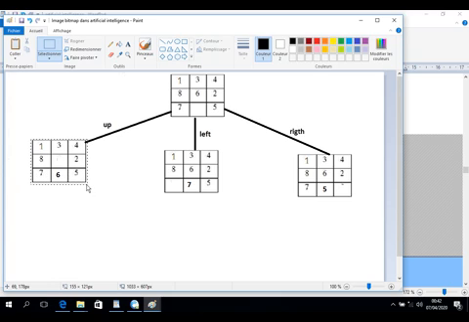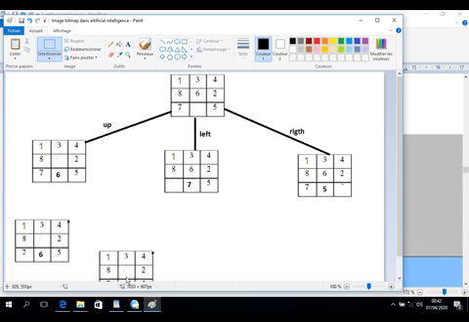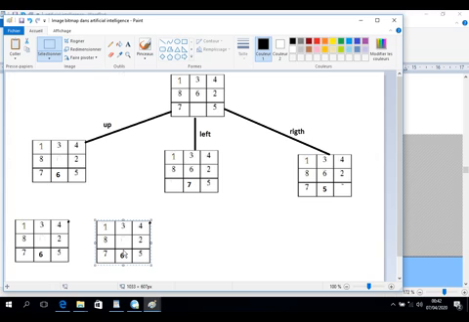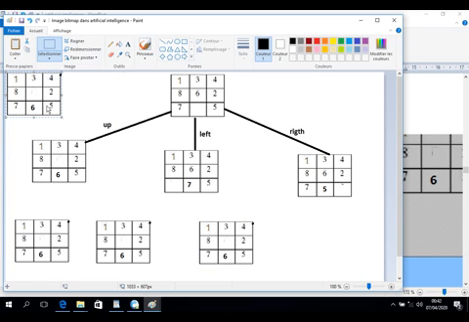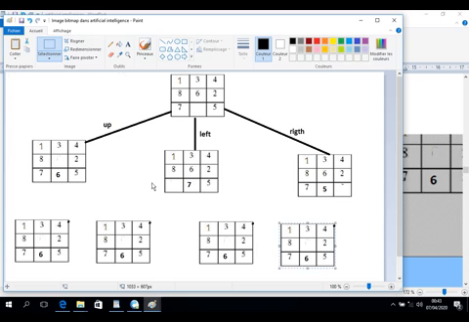So if we apply the operators, so we can have something like this.